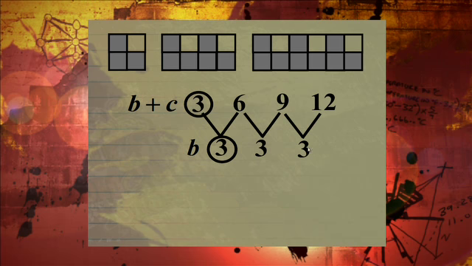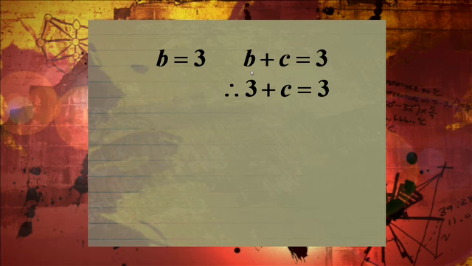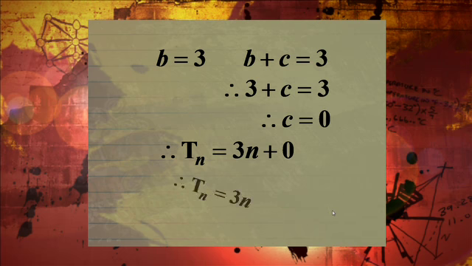And what we can do, we've got 3, 6, 9, 12 for the shaded squares, and the difference is 3 between each of them. Using bn plus c, we say b is equal to 3, b plus c is 3, and you replace the b with 3. c is, of course, 0. So bn plus c gives you 3n.